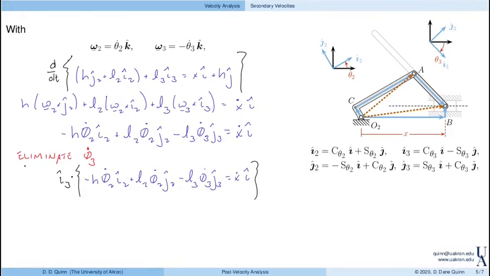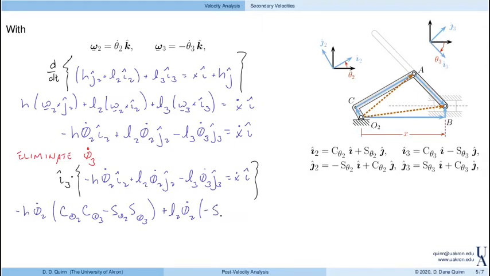So when I work this out, I get minus h theta 2 dot and I2 dot I3, cosine of theta 2, cosine of theta 3, minus sine of theta 2, sine of theta 3. Right, so if you want to pause this and work it out for yourself, the next term is L2 theta 2 dot I3 dot J2.